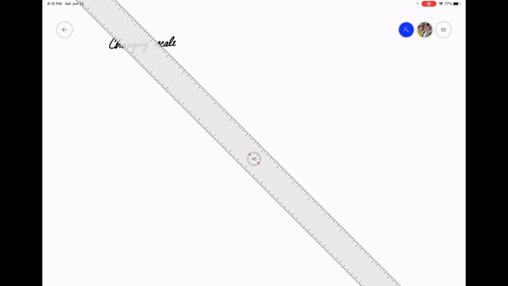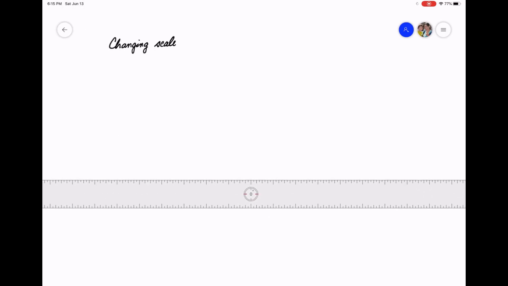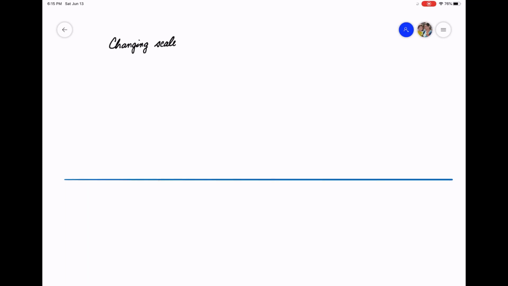Sometimes it makes more sense to change our perspective or our scale. Using meters, liters, or grams is too big or too small for our purpose. So to do so, we would change our perspective by adding a prefix in front of one of those terms. And the prefixes are going to mean either much smaller or much bigger.